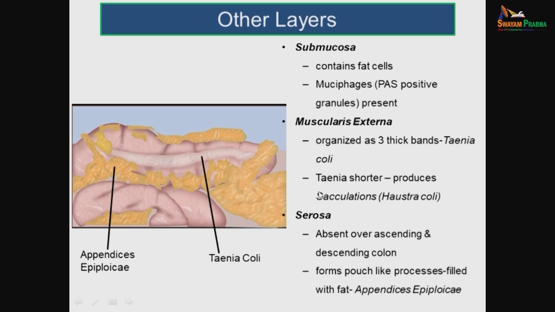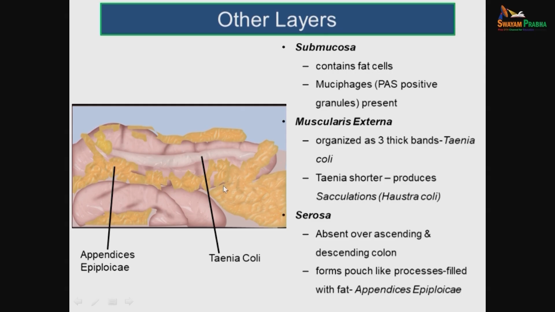The outermost layer is the serosa, and as already told, over the ascending and descending colon, the serosa is absent. They are retroperitoneal, whereas in the rest of the large intestine, it forms mesocolon. Apart from the serosa, there are pouch-like processes filled with fat called appendices epiploicae.